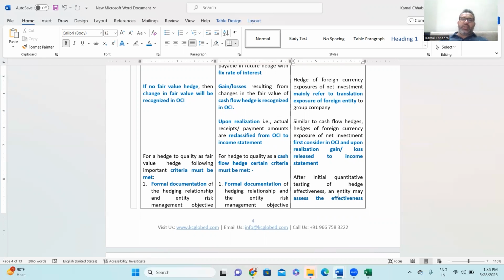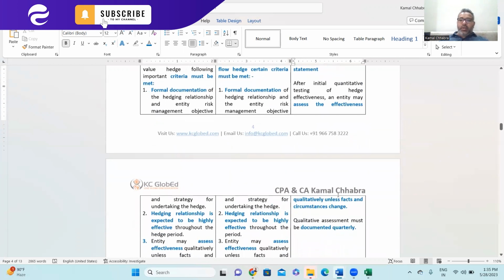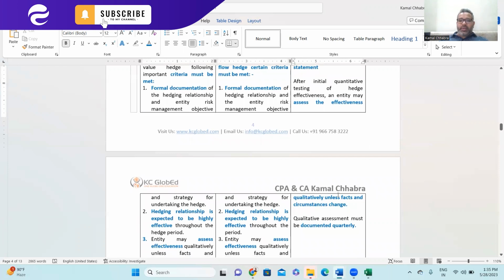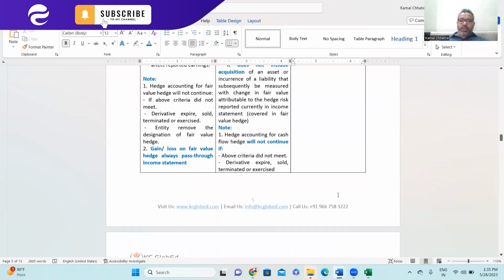So cash flow hedge and foreign currency exposure hedge go hand in hand in terms of accounting treatment. So after the initial quantitative test of hedge effectiveness, an entity may assess the effectiveness qualitatively unless the facts and circumstances change, and every quarter you need to do the documentation of the same, right?